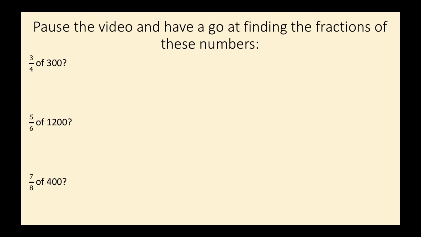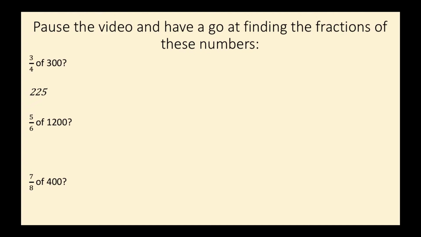Okay, so if you pause the video and had a go, I'm going to go through the answers. These were the same numbers that we used before, so you should already know the first part. So 300 divided by 4 was 75, and then 75 times 3 is 225.